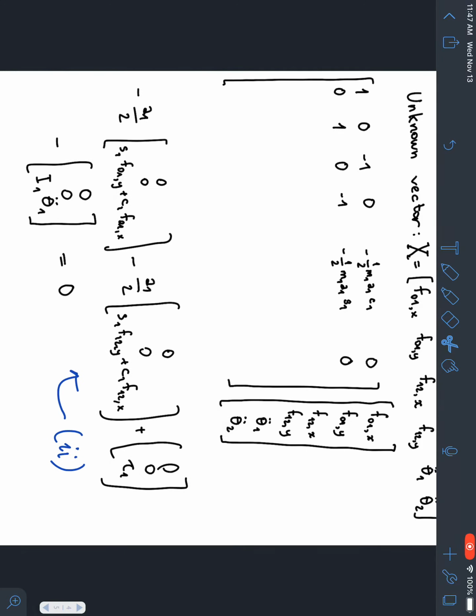What is the coefficient of f01x? The coefficient of f01x here is minus a1 over 2 times c1. And this is already getting complicated, so let me move these over here a little bit.